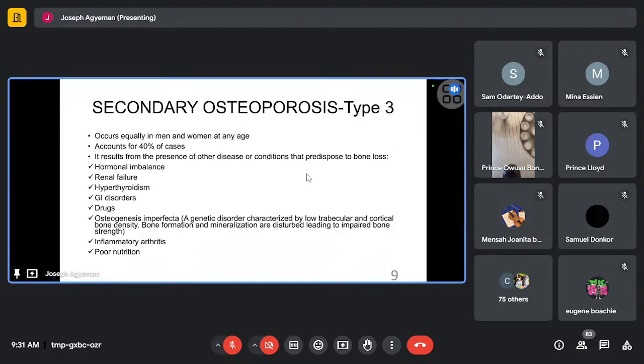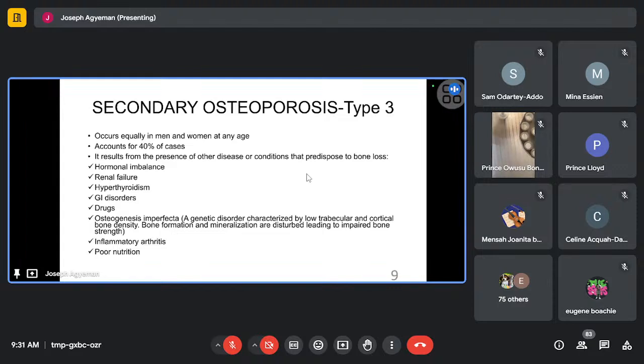And now let's look at the secondary, which is also known as type 3. So when we say a condition is secondary to something, then it means there is an underlying cause, either another condition or a factor that is obviously contributing to osteoporosis.